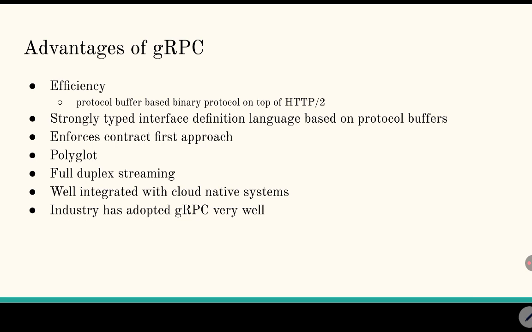So full duplex and well integrated with cloud native systems, and most of the cloud native applications now make use of gRPC. And obviously industry has adopted gRPC very well, and a lot of organizations have started using gRPC, and its usage is only going to rise in the next decade or so, I would say.